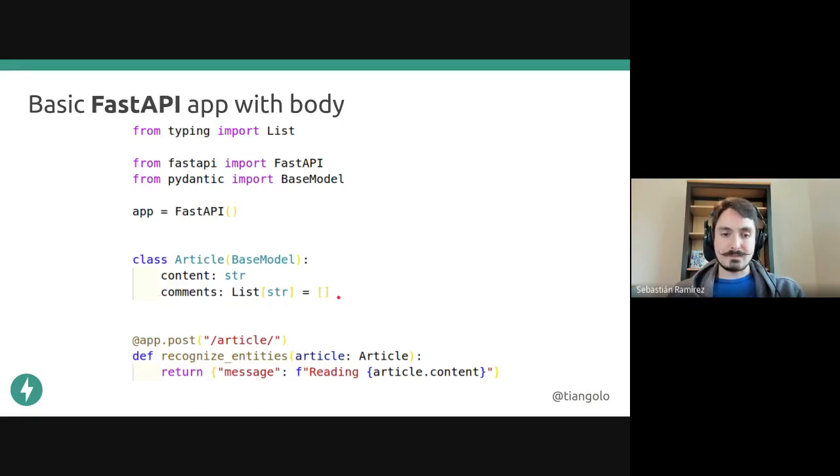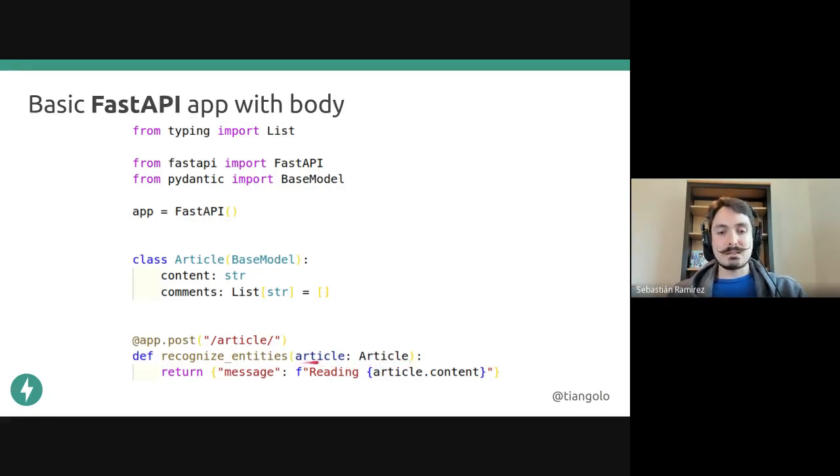Now, what we do is that first we declare that this is a post HTTP operation, and we are going to receive something at /article/. And we are going to declare the parameter here in the function as article. This parameter article will be an instance of this class Article.